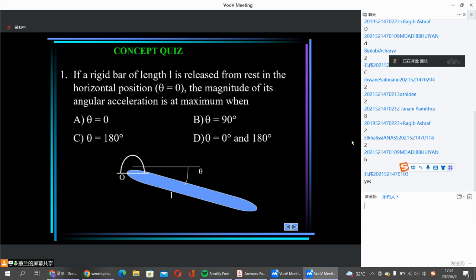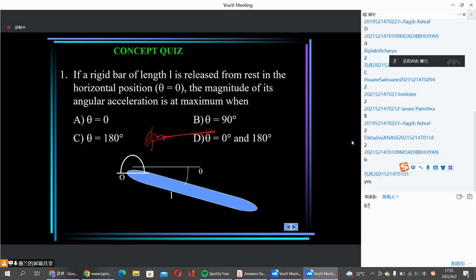Here, if a rigid bar of length L is released from rest in the horizontal position, the magnitude of its angular acceleration is at maximum when theta equal to 0, theta equal to 90 degrees, theta equal to 180, or theta equal to 0 and 180 degrees. Can you try to choose? We just solve this for the bar or the rod.